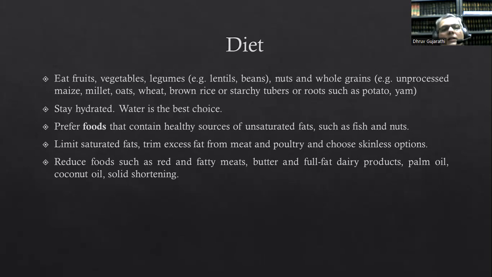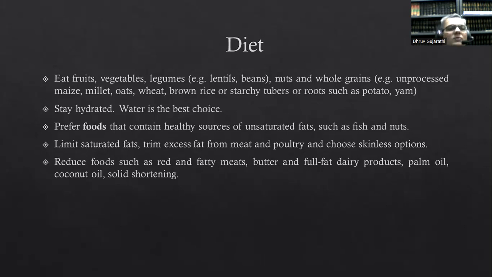One should eat legumes, nuts, and whole grains. That is, they should not be processed, like the multi-use wheat flour, what we call maida, or refined flour. One should not use it. Rather, one should use whole wheat flour. One should use maize, millets, oats, brown rice, or starchy tubers or roots.